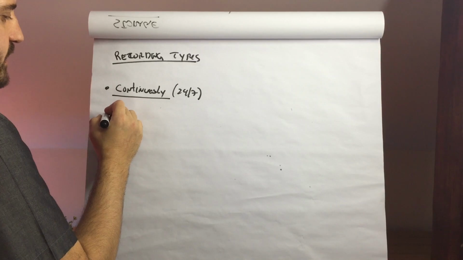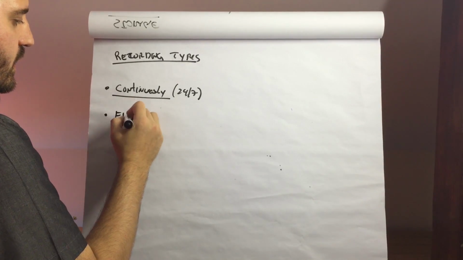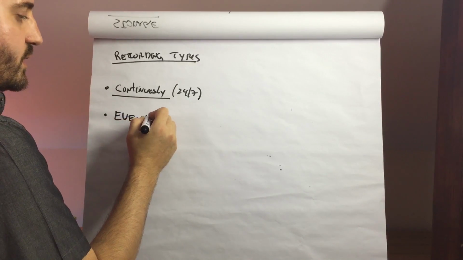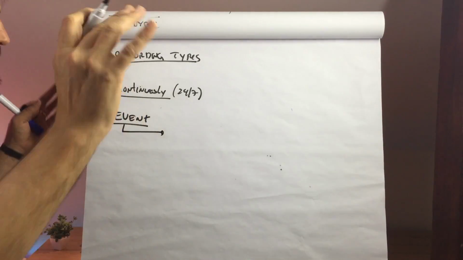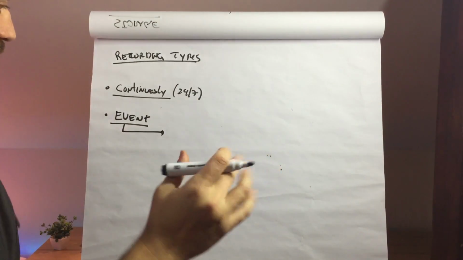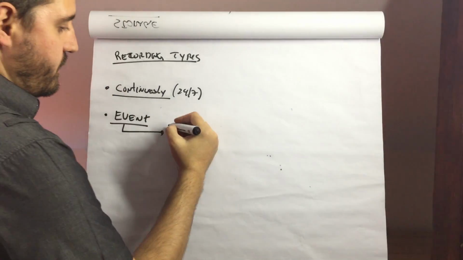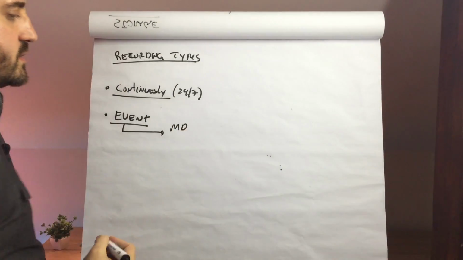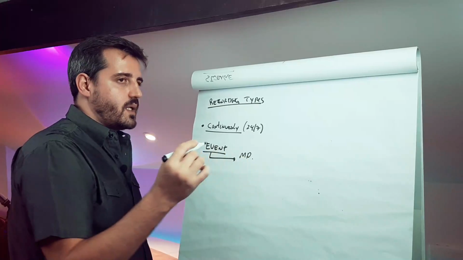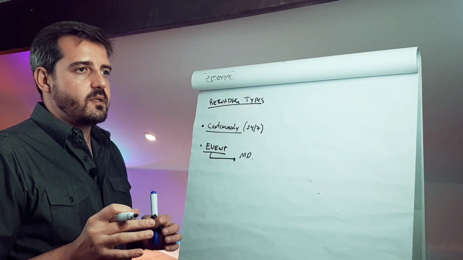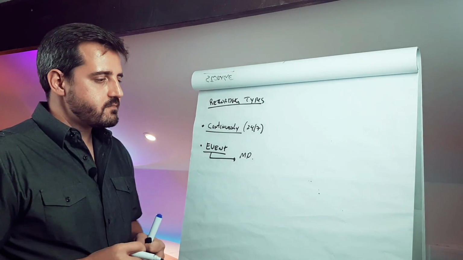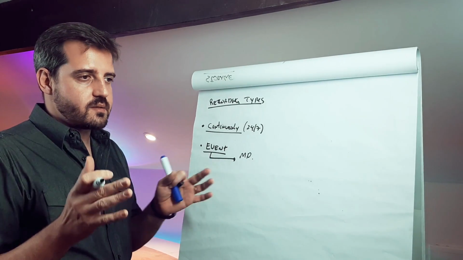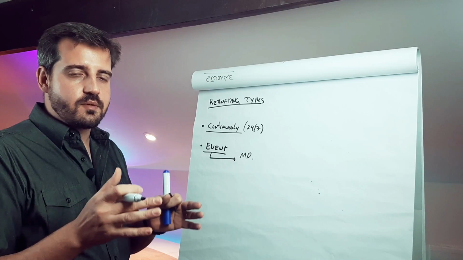Another mode is by event. And when we say event, we can break it down into lots of types of events. We have motion detection. The standard motion detection will identify a group of pixels changing from the static scene that is pre-analyzed by the camera.